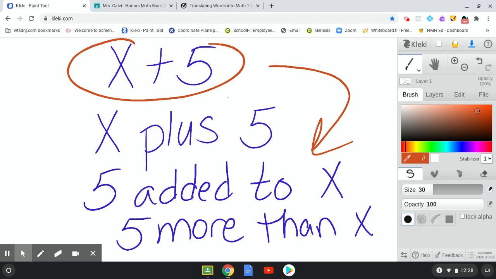These are the verbal phrases. So x plus 5 could be x plus 5, 5 added to x, or 5 more than x. It could be 5 more than a number. In this case, I gave you the x for your number, so you would put x in there. Just remember, when you are doing your verbal phrases, it's mostly words and your variable. That is it for now, and I will talk to you soon.